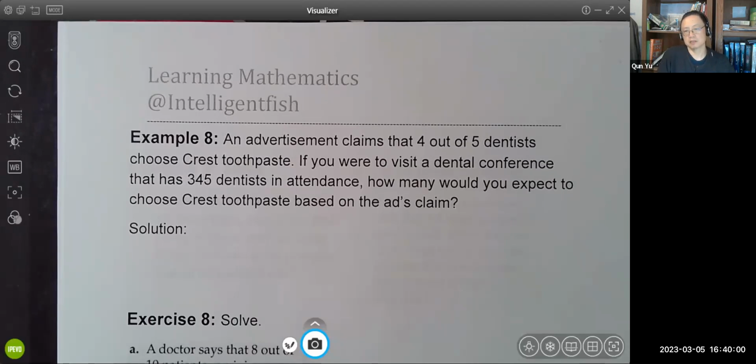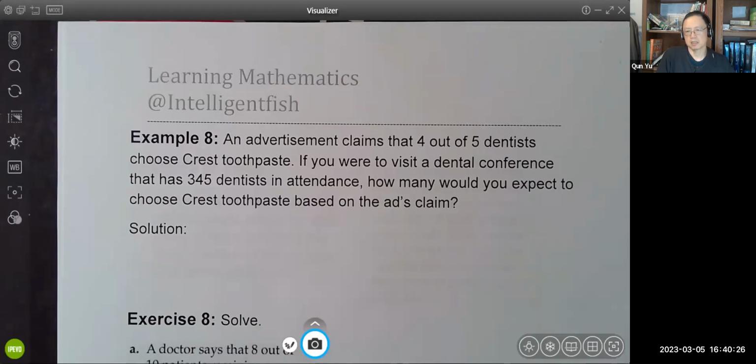An advertisement claims that 4 out of 5 dentists choose Crest toothpaste. If you were to visit a dental conference that has 345 dentists in attendance, how many would you expect to choose Crest toothpaste based on the ad's claim?